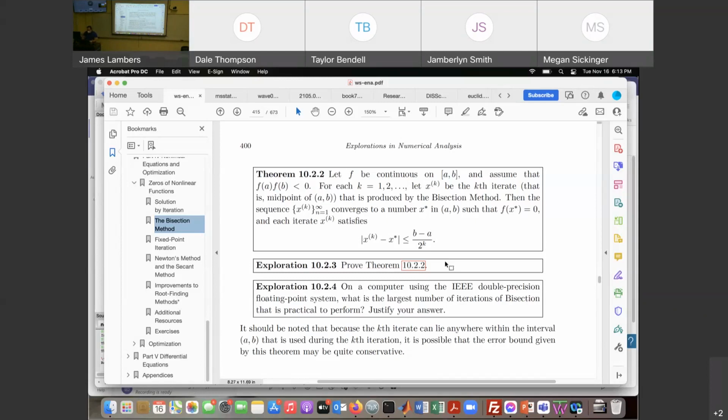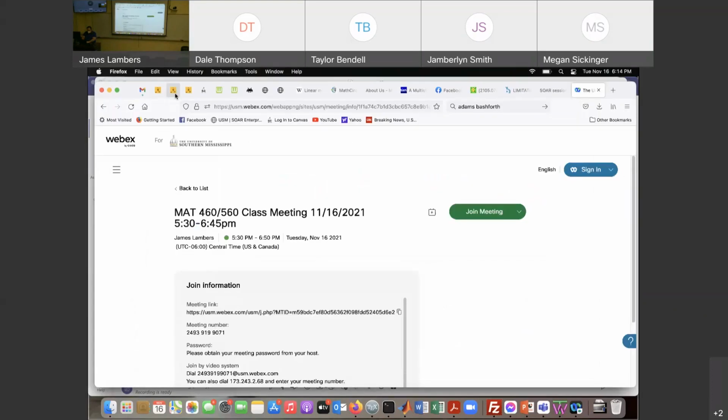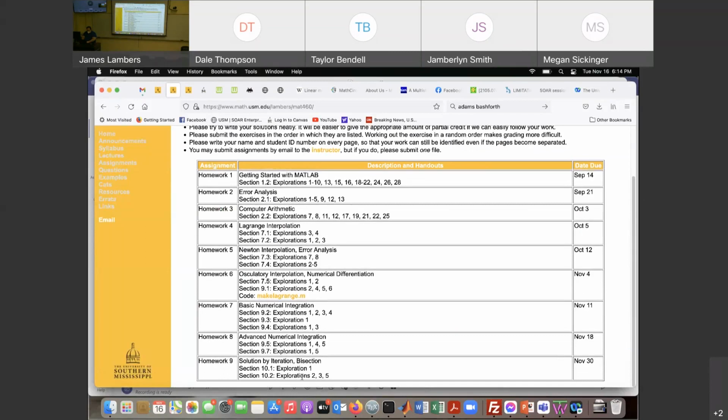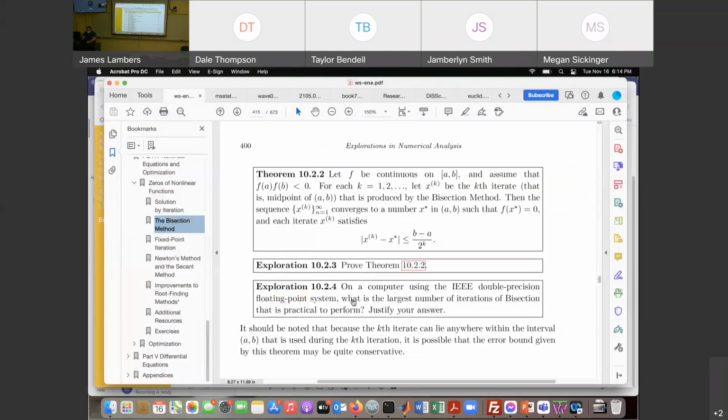Okay, actually, I want to check which problems I assigned. Okay, 2, 3, and 5 in this section. So that means I did not assign this one, so I can talk about it.